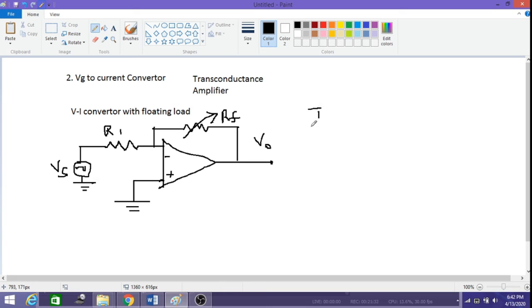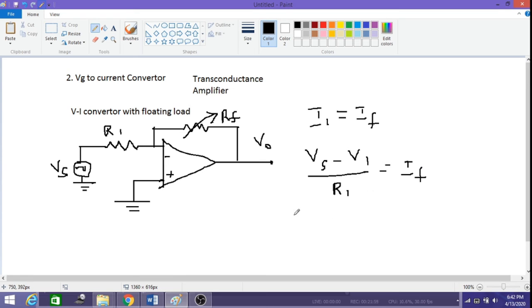It's again the same analogy of I1 is equal to IF here. The I1 current can be defined as Vs minus V1 by R1, and this we keep as it is, that is IF.